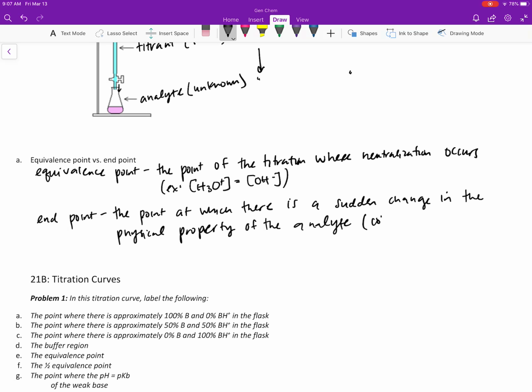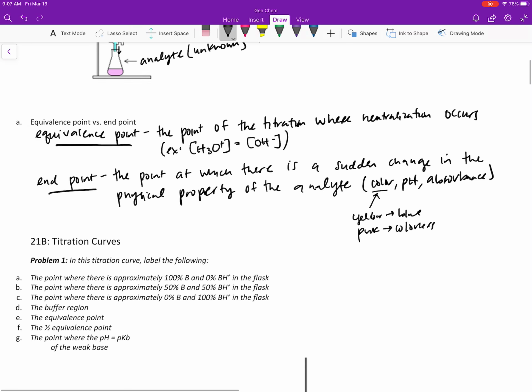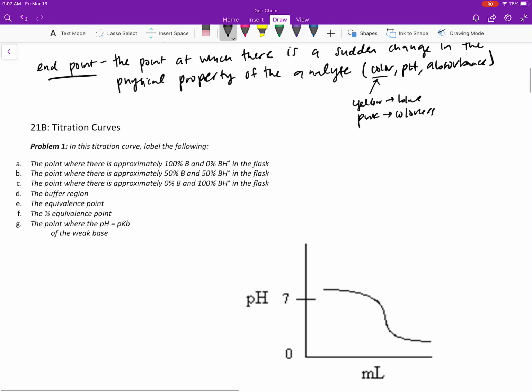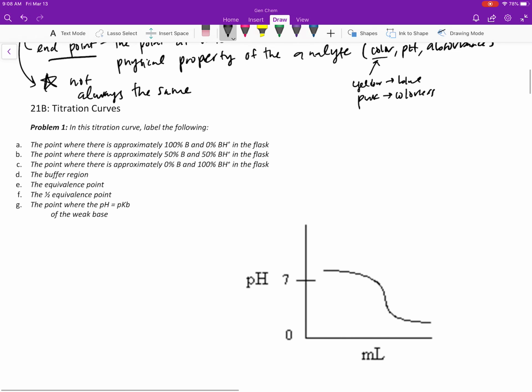And so this could be color, pH, absorbance, value, etc. And so we've done one where we've seen color changes when we did yellow to blue, pink to colorless. Okay, so those are the examples, and that's what the endpoint means. So now let's label, and the important thing here is that they're not always the same. Okay, they can be different.